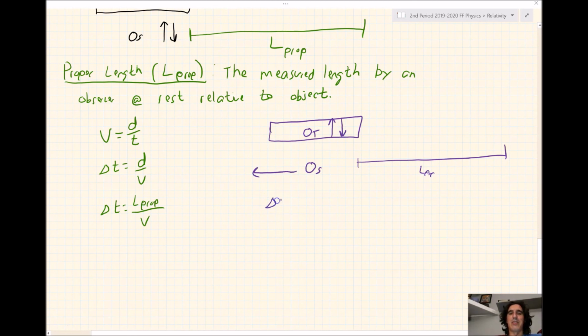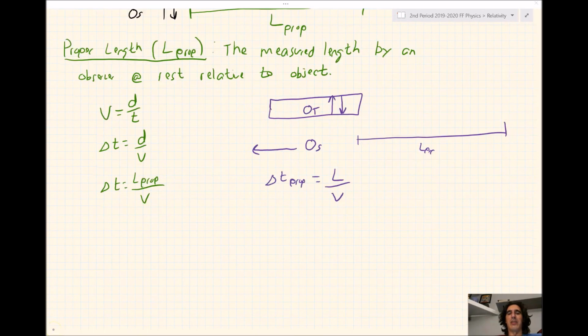So we can say delta t prop, that's going to be a faster time relative to the observer's time on the outside, the stationary observer, is equal to what length they travel over the velocity. In this case, the velocity is the velocity of the stationary observer, but we're saying that the observer is moving to the left.